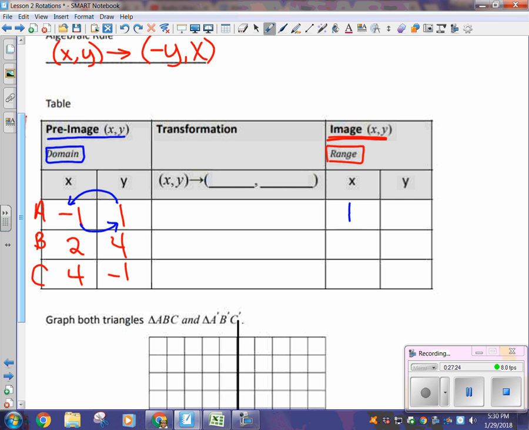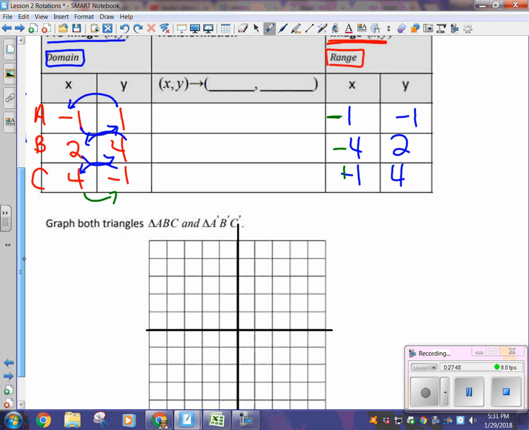So 1 comes to the front, negative 1 goes to the back, but then the first one goes opposite. Okay, 4 goes to the front, 2 goes to the back, and then the first one goes opposite. Okay, negative 1 goes to the front, 4 goes to the back, and then the first one goes opposite. So now I have my points. Now let's see if we can put these on a graph. All right, we have a graph.